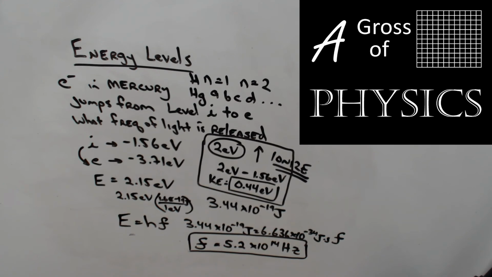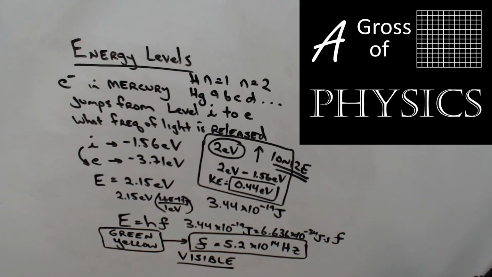And 5.2 times 10 to the 14 is exactly in the middle between green and yellow. So it is actually one of the numbers that differentiates between the two bands of colors. So I would say that it's a green-yellow light, definitely within the visible spectrum.